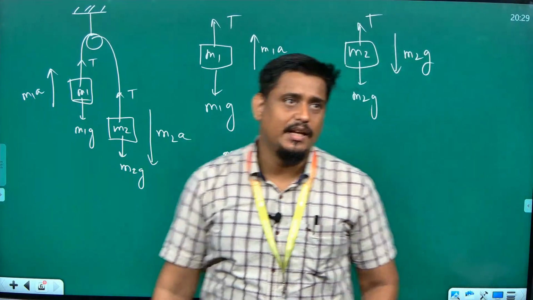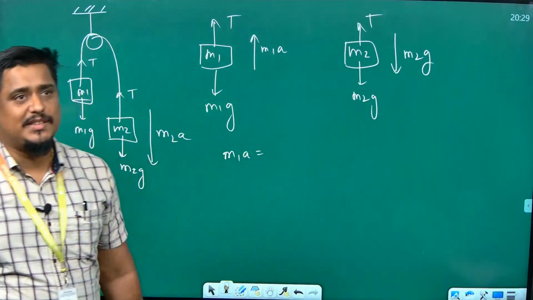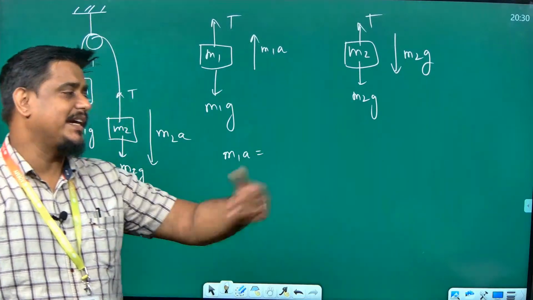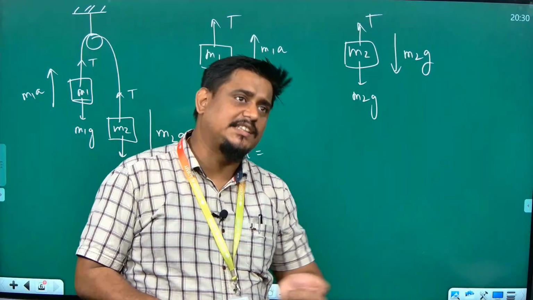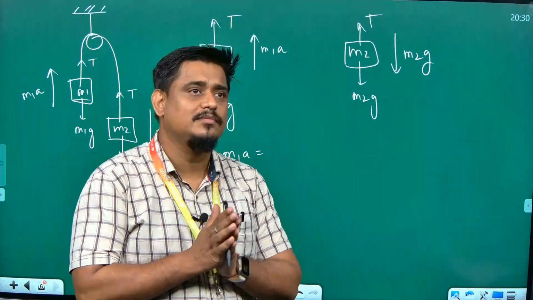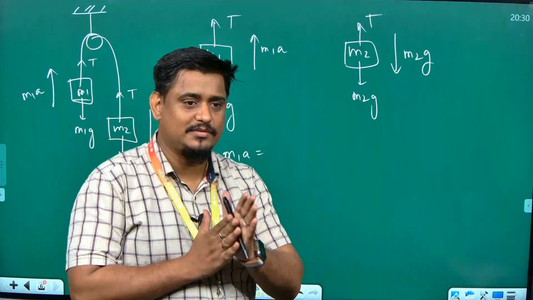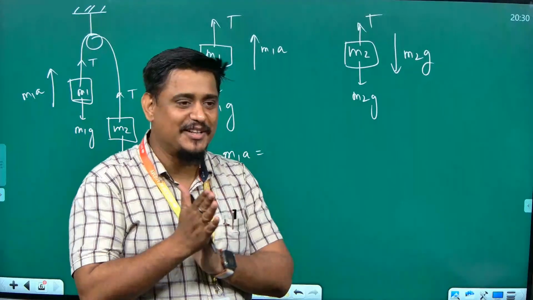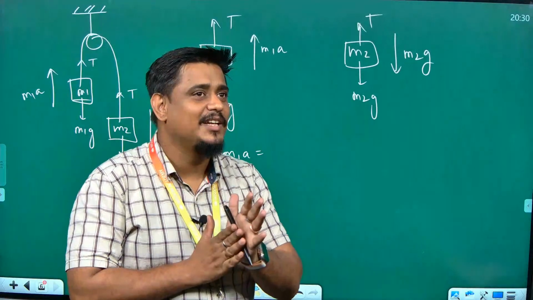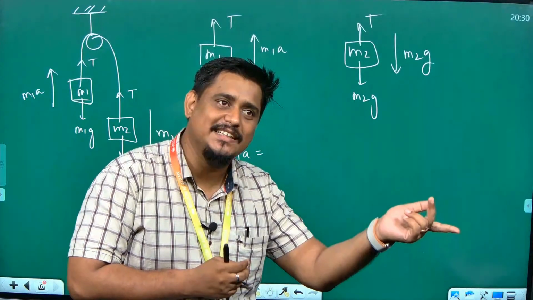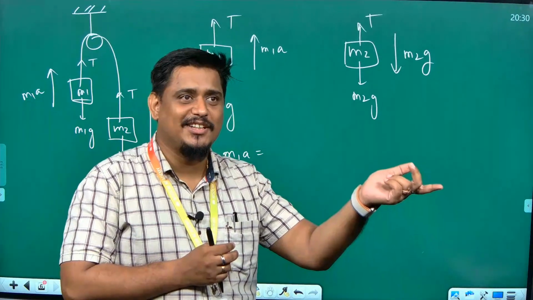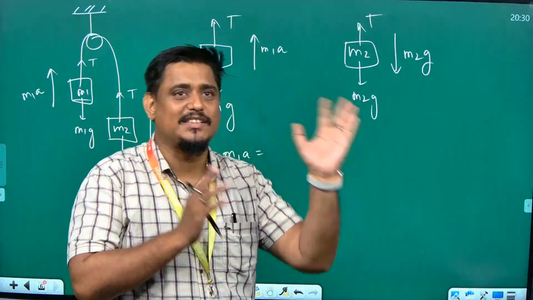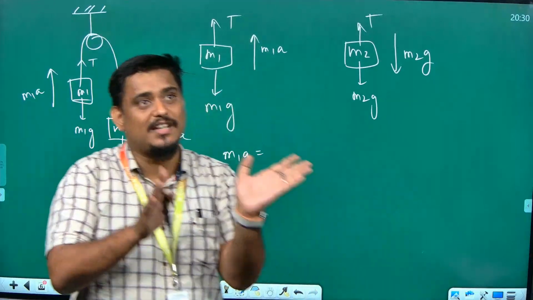See, there is a tug of war game. On one side some people are pulling with 100 Newton. On the other side some people are pulling with 60 Newton. Who will win? 100. Why will 100 win? Because 100 is more than 60. Right. So since 100 is more than 60, the body moved towards 100.